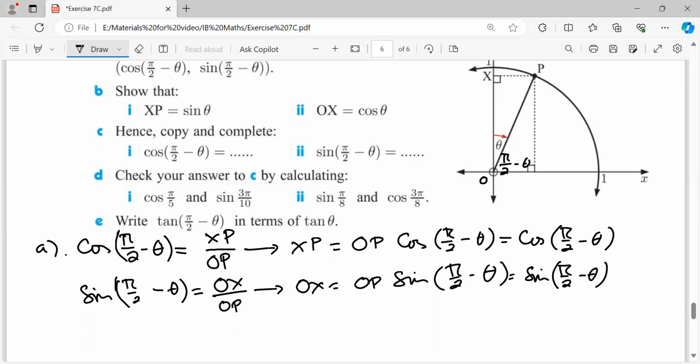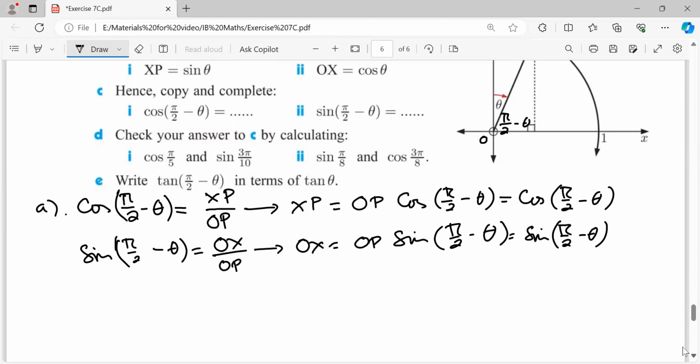So that's why the coordinates of P correspond to cos of pi over 2 minus theta, comma, sine of pi over 2 minus theta.